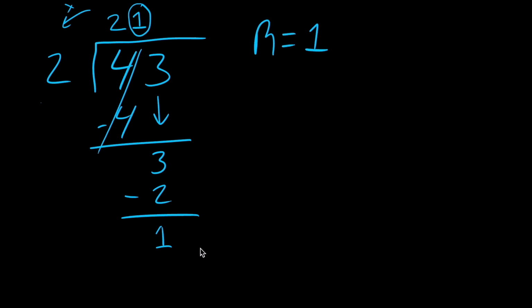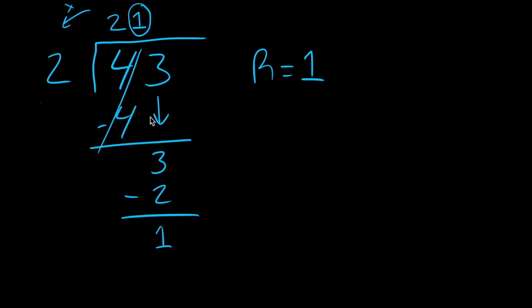Now, if we want to turn this into a decimal, let me just erase the R. We can't fit 2 into 1, so that's why it's the remainder.